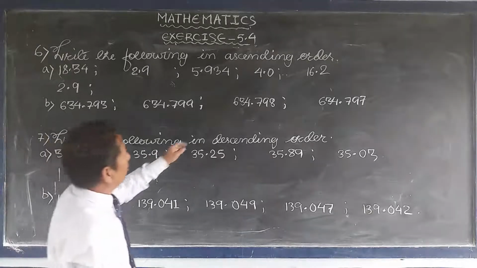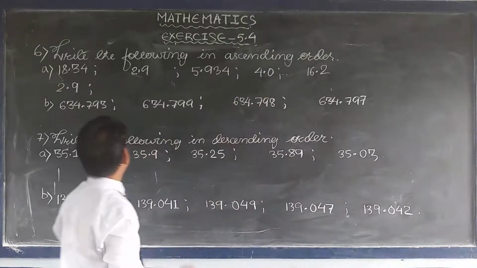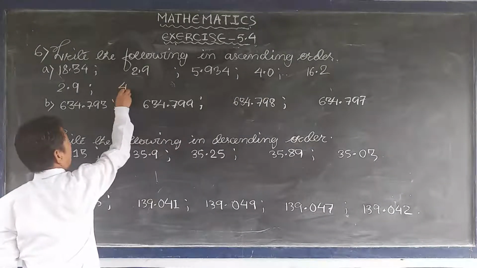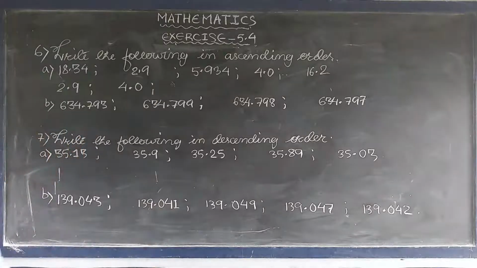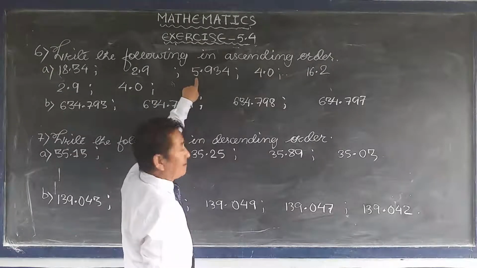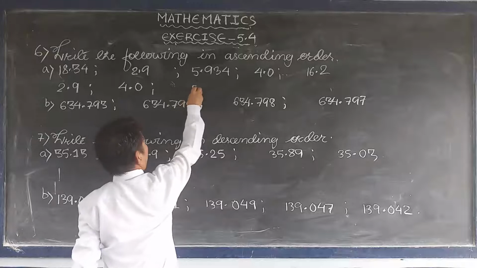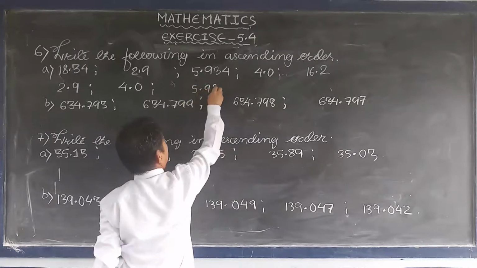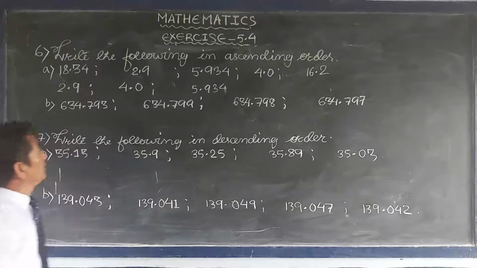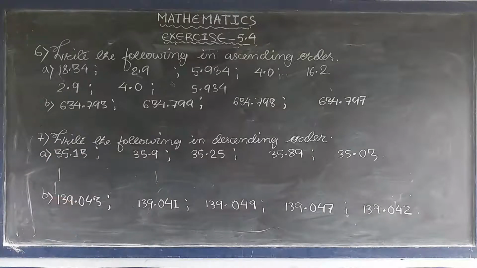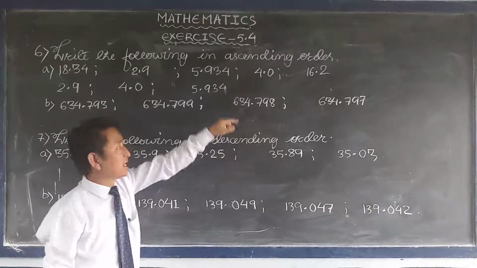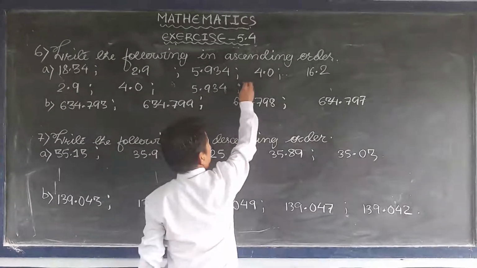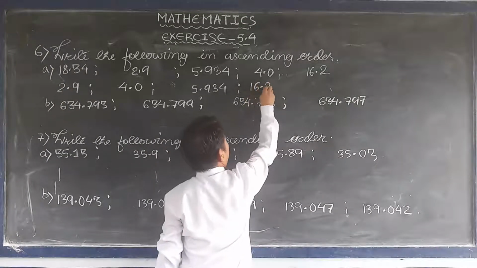After that, 4.0. After 4, 5.934. Then which one is smaller, 18 or 16? 16. So next is 16.2.